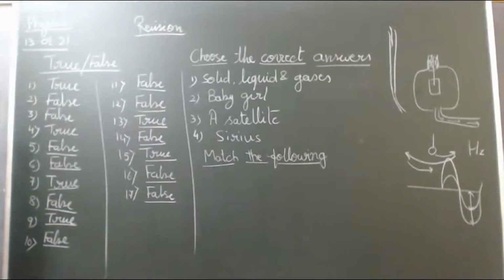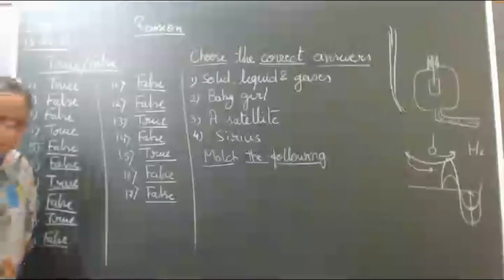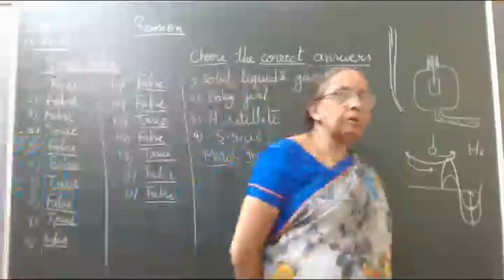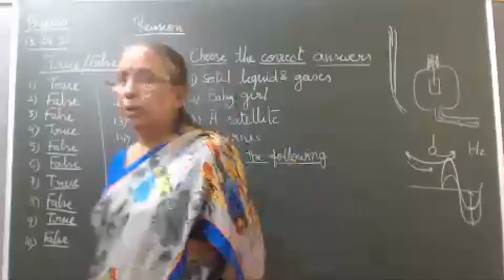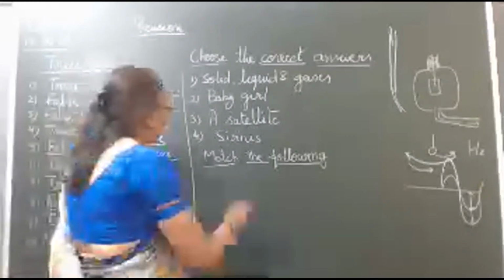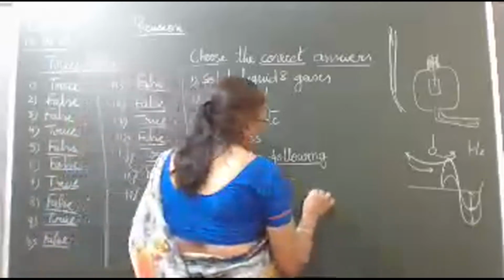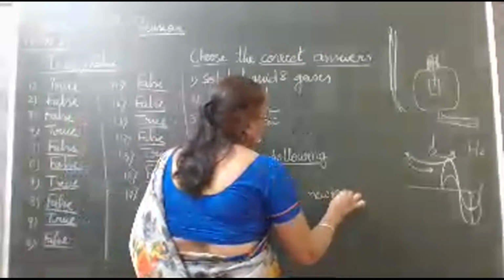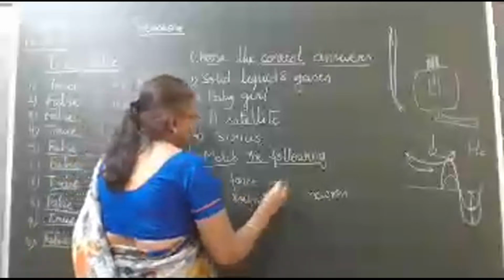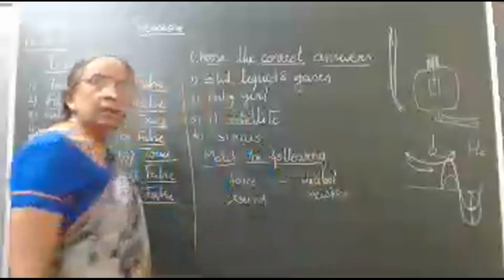If I frame the match the following from the other lessons like force, friction, then nobody will shout it is not in the portion, because I will frame from the text. Like force, I will put, and the option I will give is Newton. Then sound, decibel, like that.